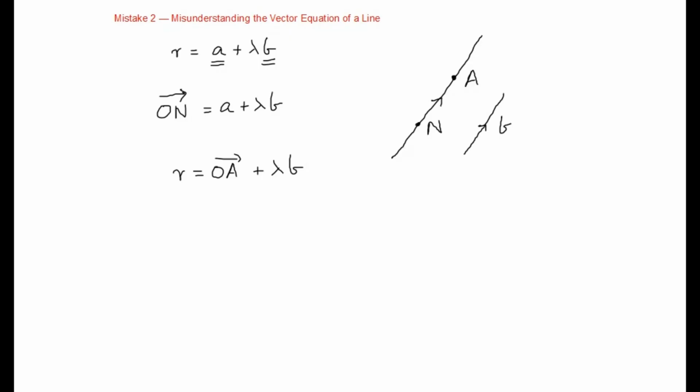Okay, so those are the 3 components, and lambda is a factor that differs for every single point on the line. So for every point on the line, the lambda value will be different.